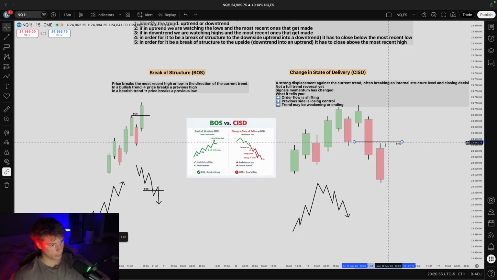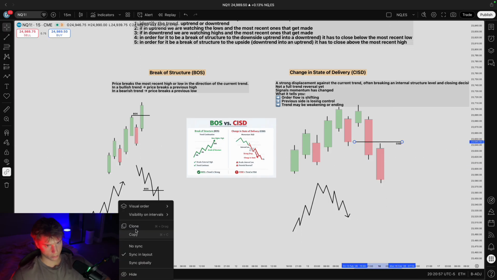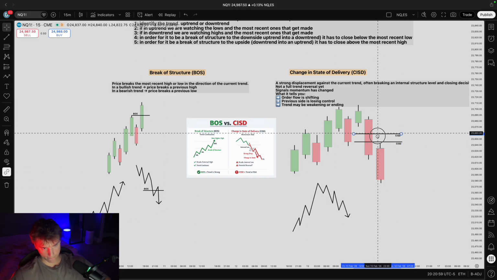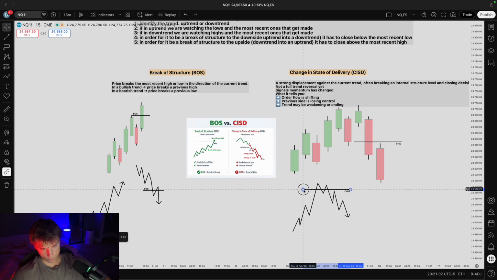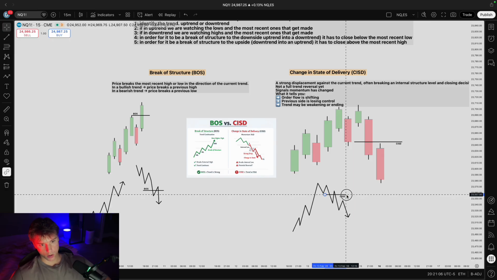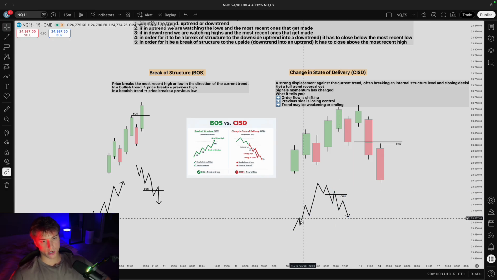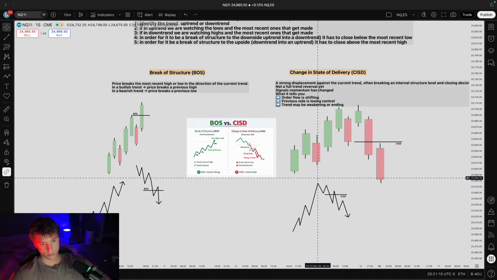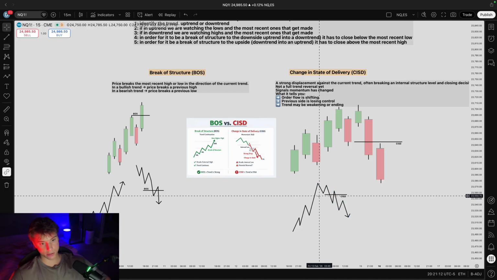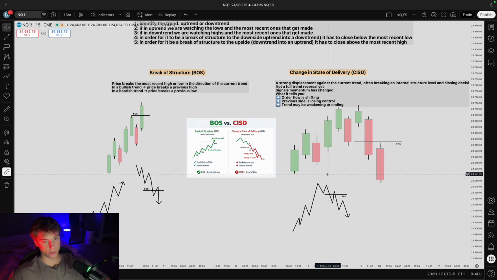Let me clone this. Right here. So bullish trend. This could still be a continuation to the upside, right? If this was a break of structure to the upside.